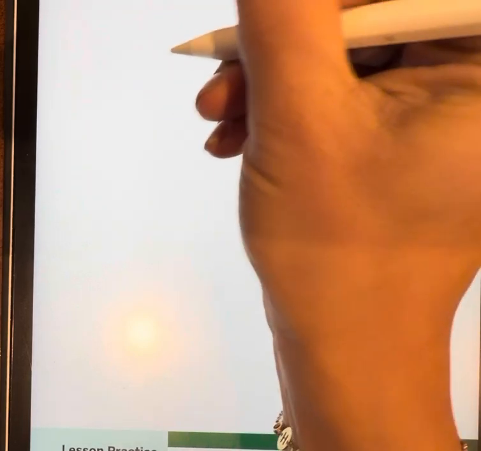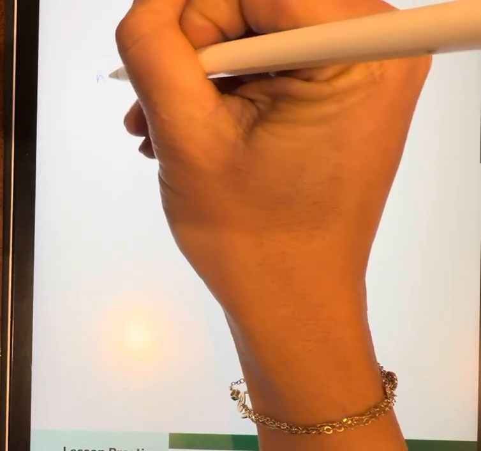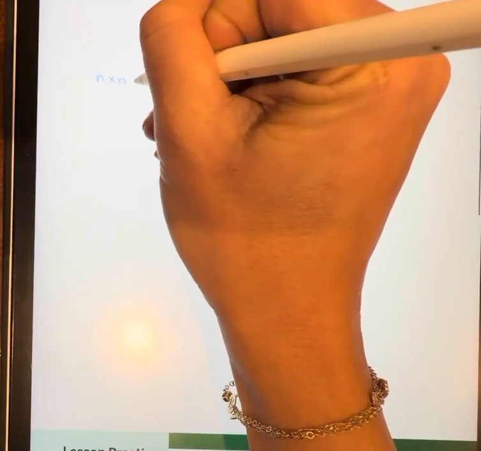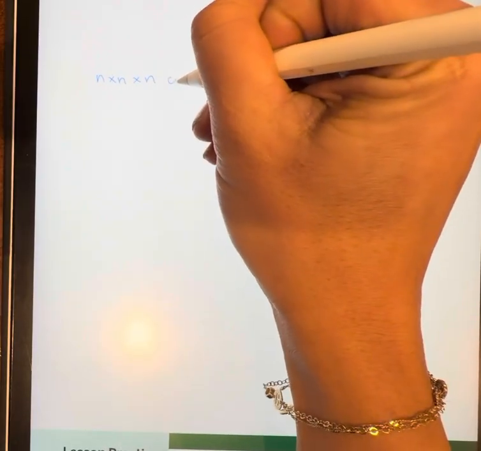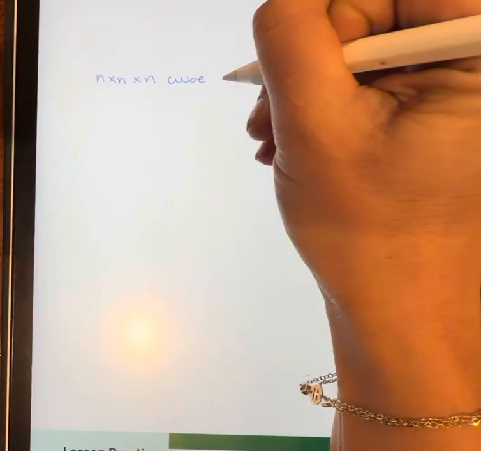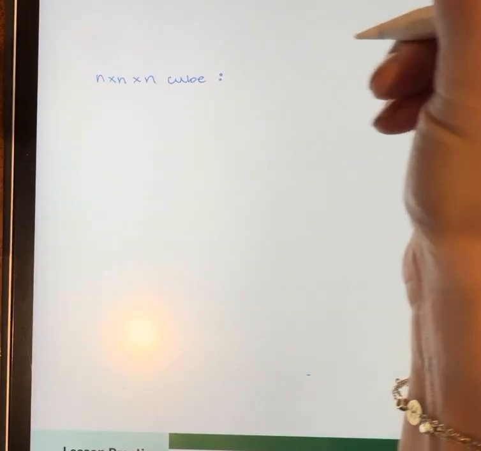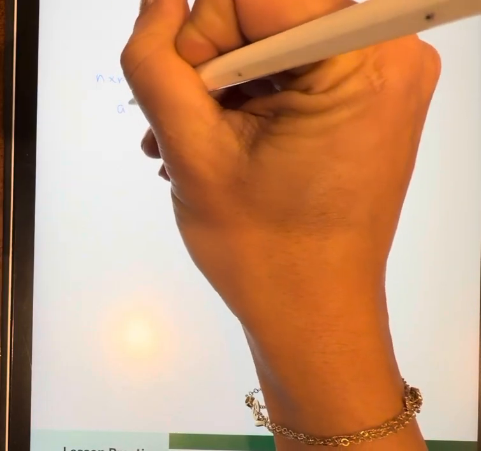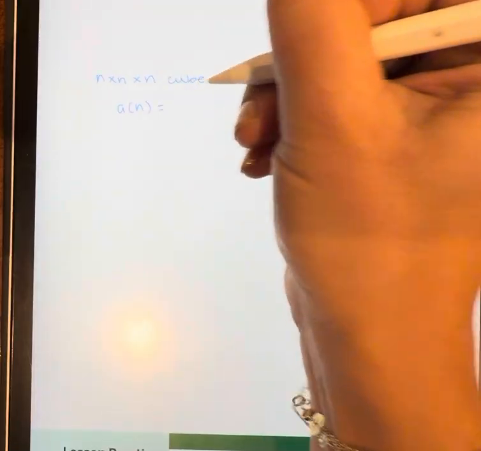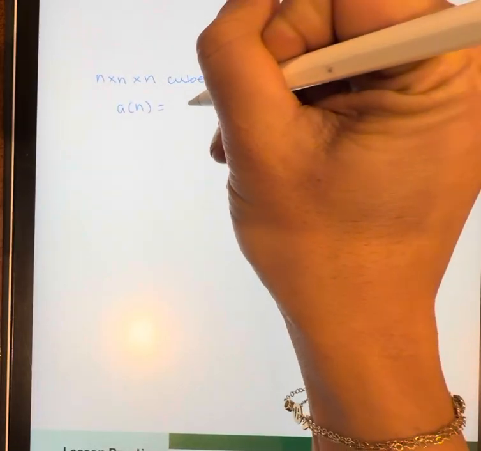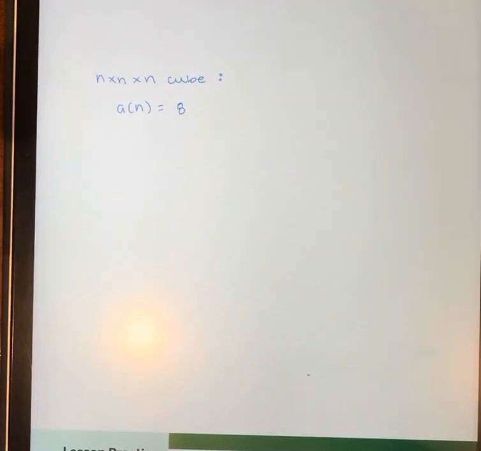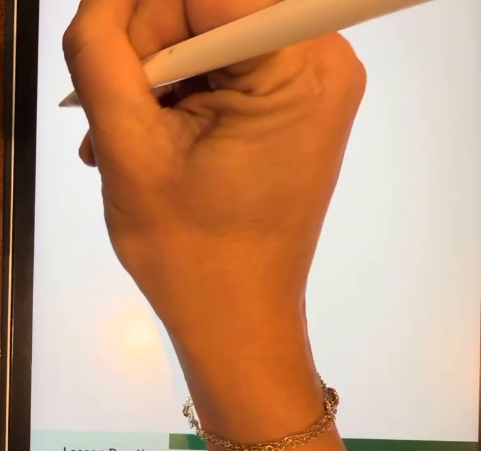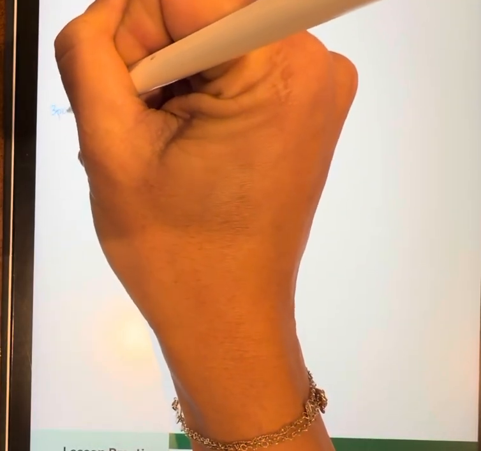if we have an n by n by n cube, then there will always be 8 cubes with 3 painted faces.